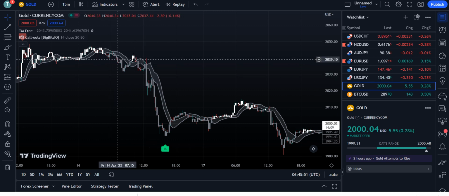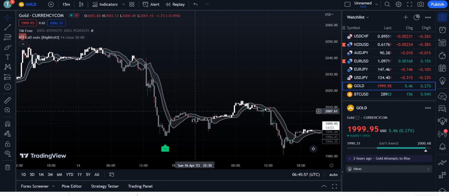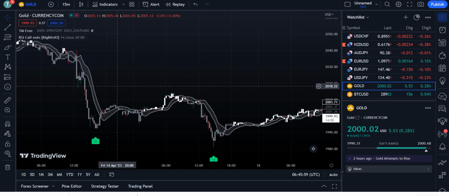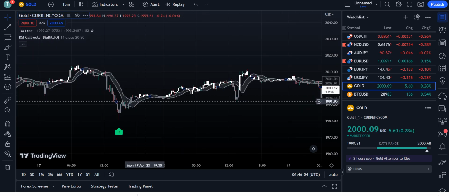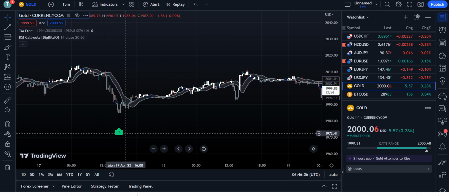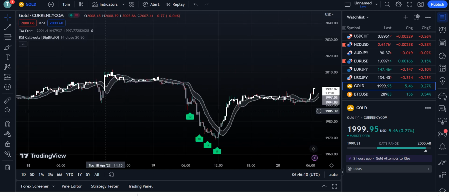And so you can see that here the market has moved down through this cloud and entered the market for the sell signal. So this is the simplest strategy, and here I have explained when to enter the market, and how and when these labels will appear and what they are showing.